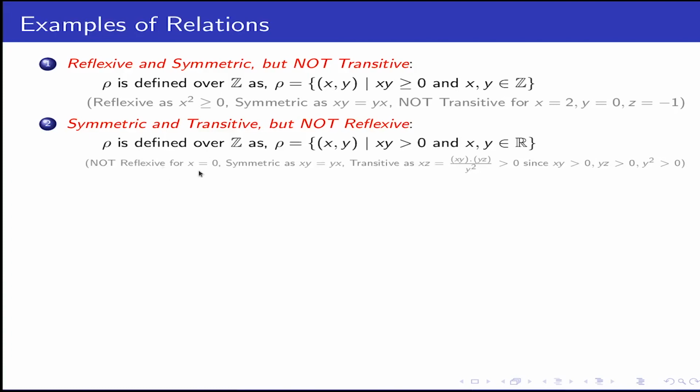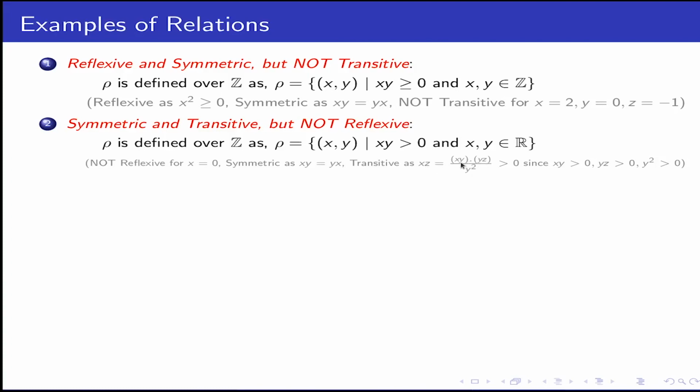It is not reflexive obviously for x equal to 0, because for x equal to 0, x squared will be 0. It is symmetric because xy equals yx definitely, and it is transitive because for xz, you will try to compute xz by xy times yz by y squared.